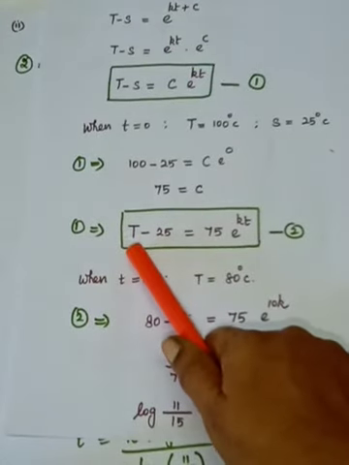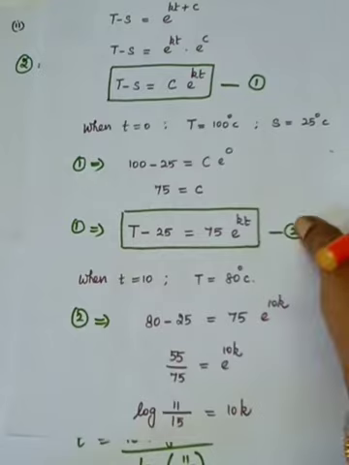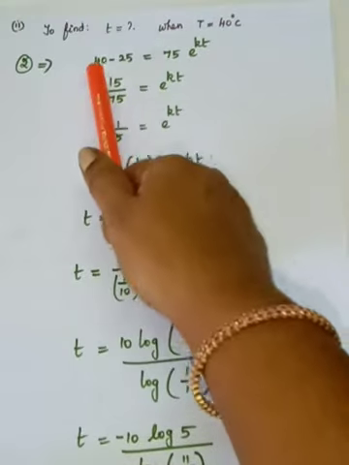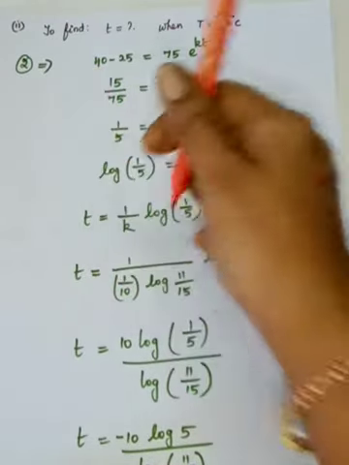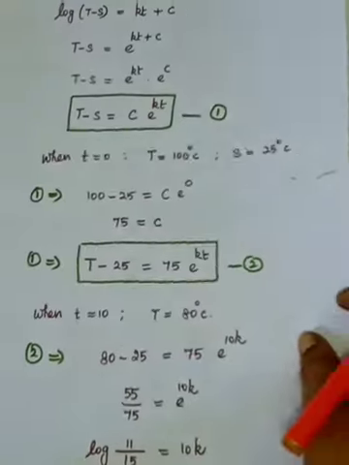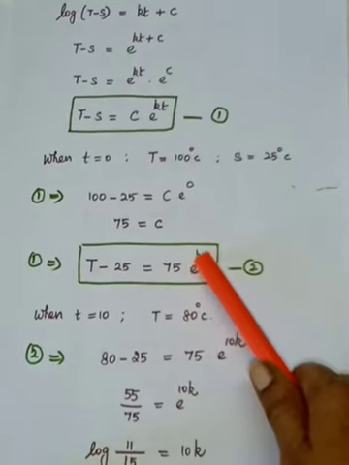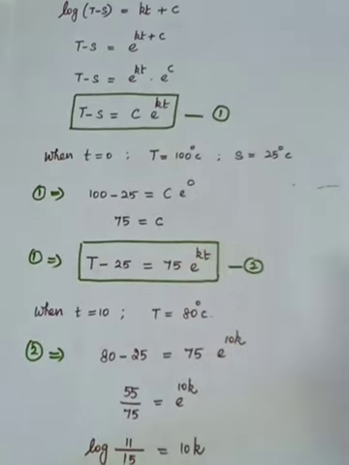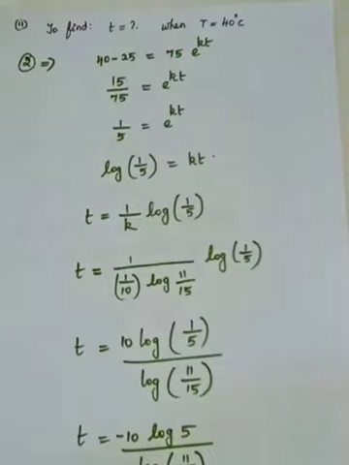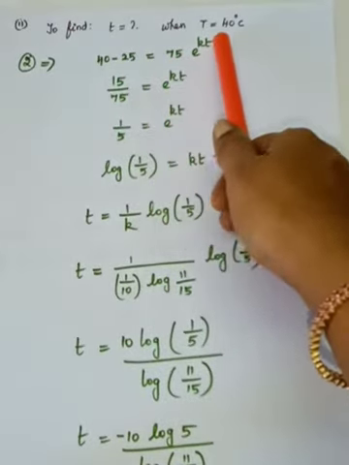So in the place of T we have substituted 40. 40 minus 25 is equal to 75 e power k into t. This time small t we have to find out.